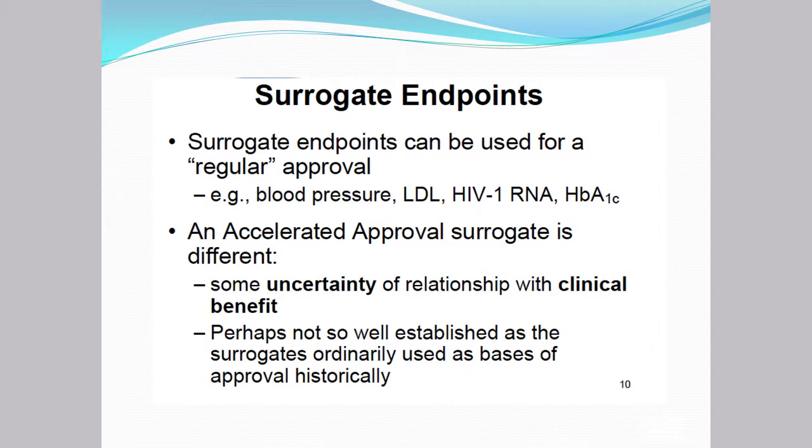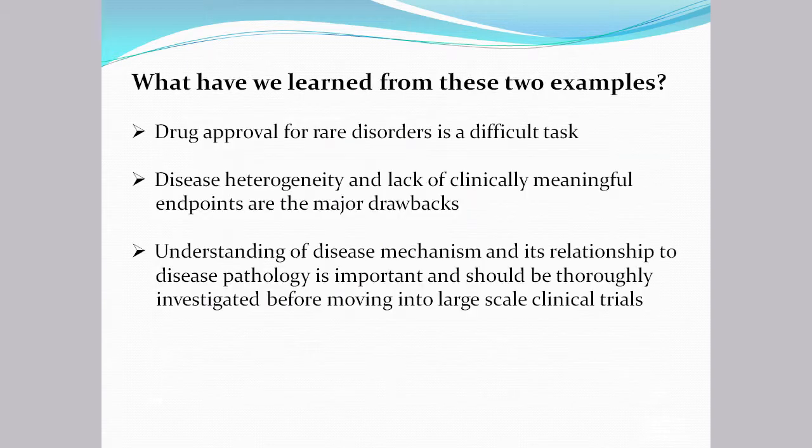Surrogate endpoints are usually used for regular approval, but not for fast-track approval. However, we know most medications in the rare disease world have been approved through a surrogate marker, such as the pathology in Fabry disease.